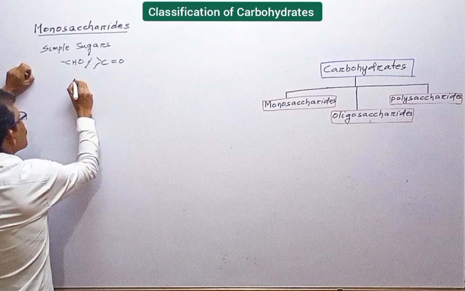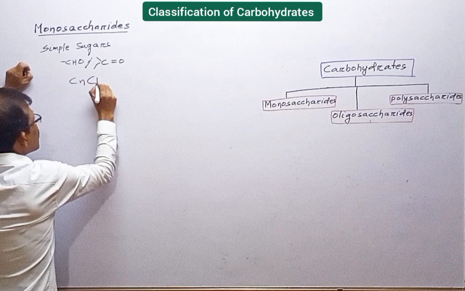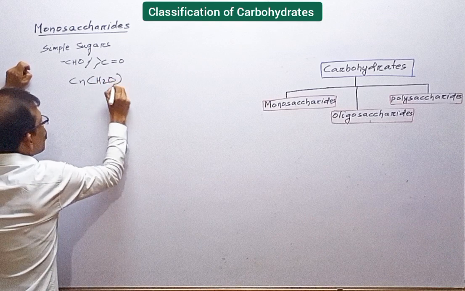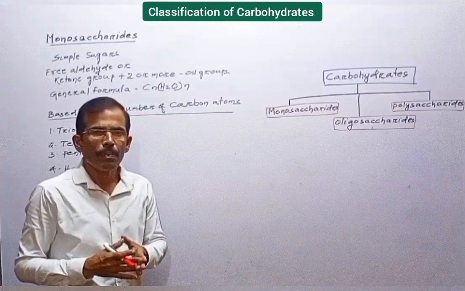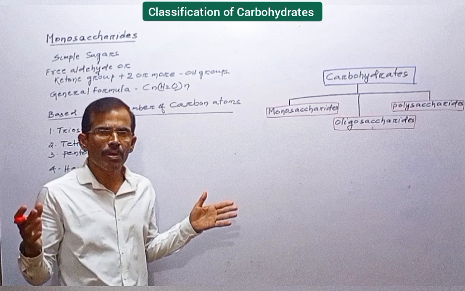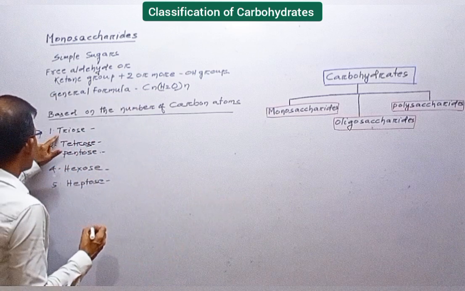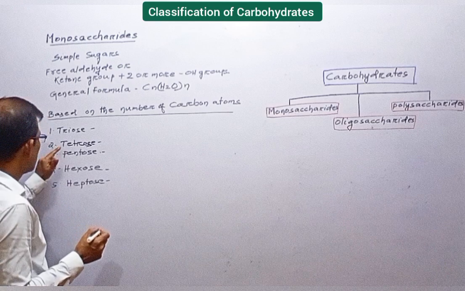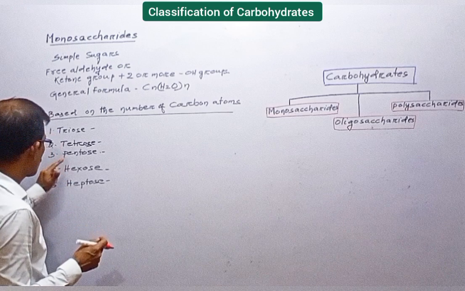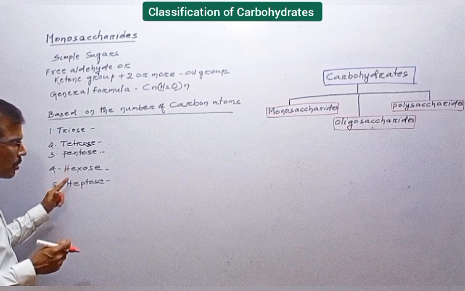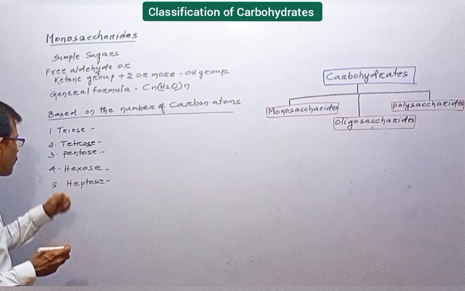Their general formula is CnH2nOn. Based on the number of carbon atoms present, monosaccharides are subdivided into triose, tetrose, pentose, hexose, heptose and so on.